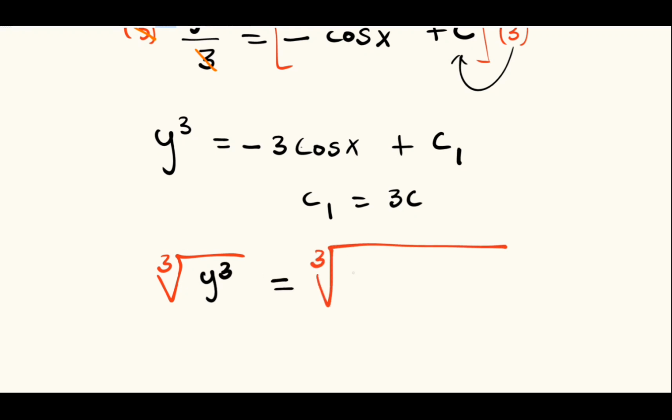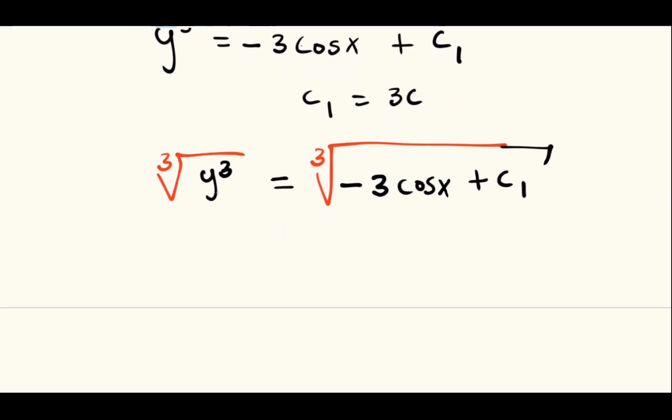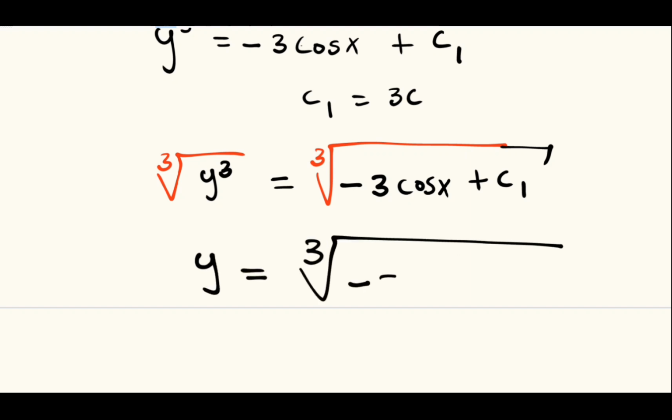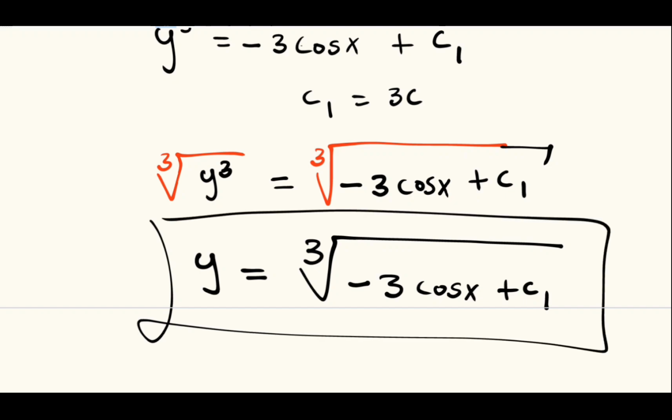On the right hand side we have the cube root of negative 3 cos x plus c1, and the cube root of y to the power 3 will be equal to y. So y will be equal to the cube root of negative 3 cos x plus c1. And this will be our answer for the second question.